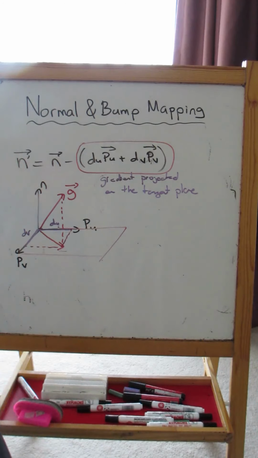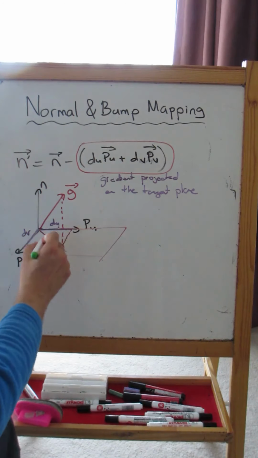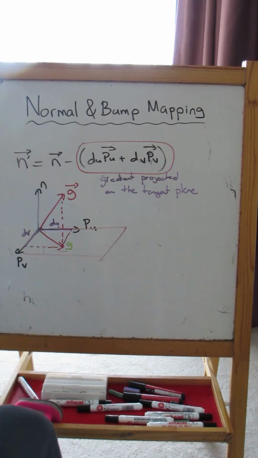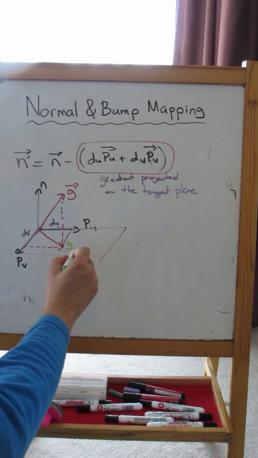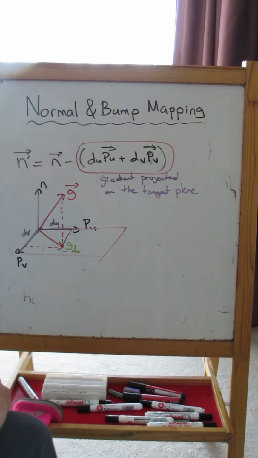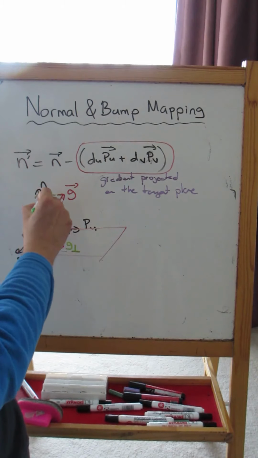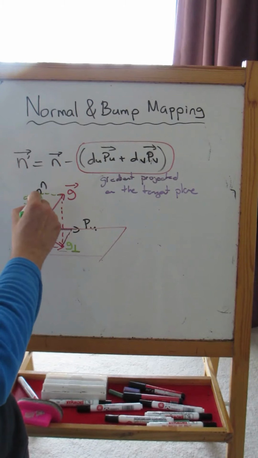So let's say we have this component. Let's call this G, and let's say G orthogonal, and let's call this one G parallel.